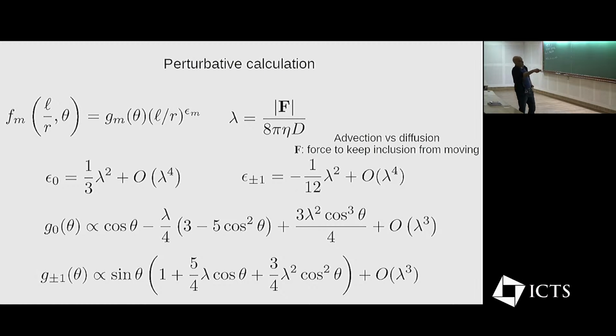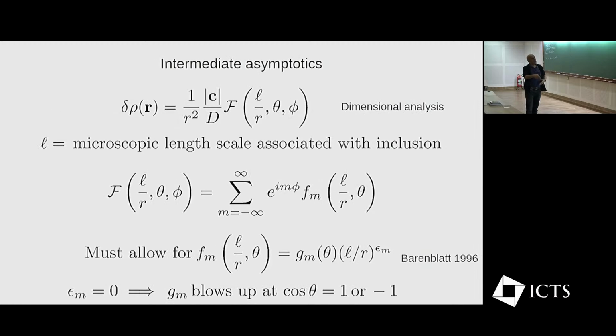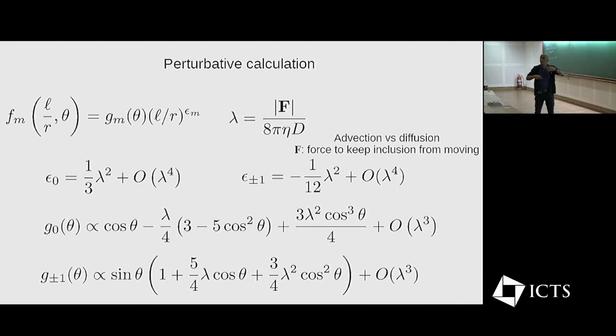The angular dependence is governed by the same parameter lambda in this somewhat elaborate way. The essential physics of this problem lies in the fact that you can't ignore the inner scale associated with the inclusion. That's what gives you spatial dependence not rationalizable by naive power counting.